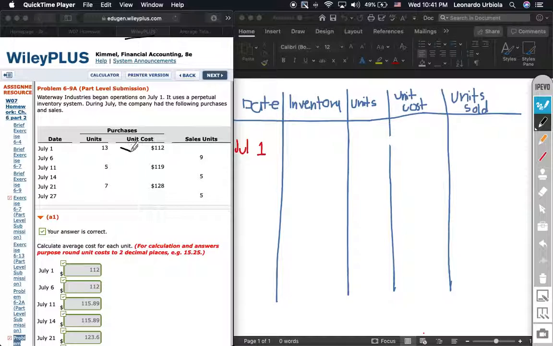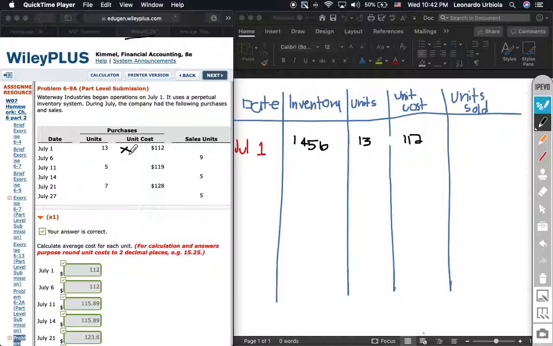So we need to multiply 13 times 112 to get a total for our inventory, which is 1456. The total units that we have are 13 and the unit cost is 112, as we see here.